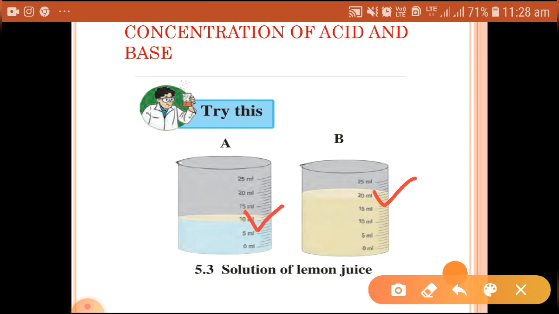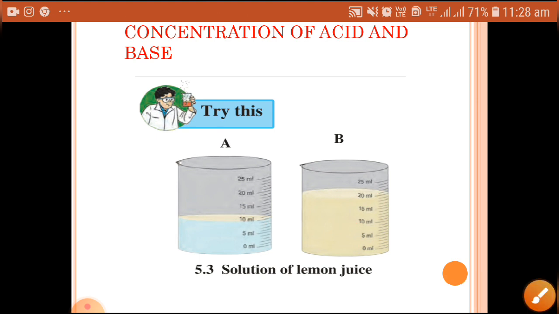The sour taste of the solution is because of the solute, that is lemon juice, in them. The quantity of the lemon juice is the same in both the solutions, yet their taste is different. We have taken equal lemon juice, but only water is different in both the beakers. Here 10 ml water in A and here 20 ml water in B. It means that solution A is concentrated and solution B is dilute.